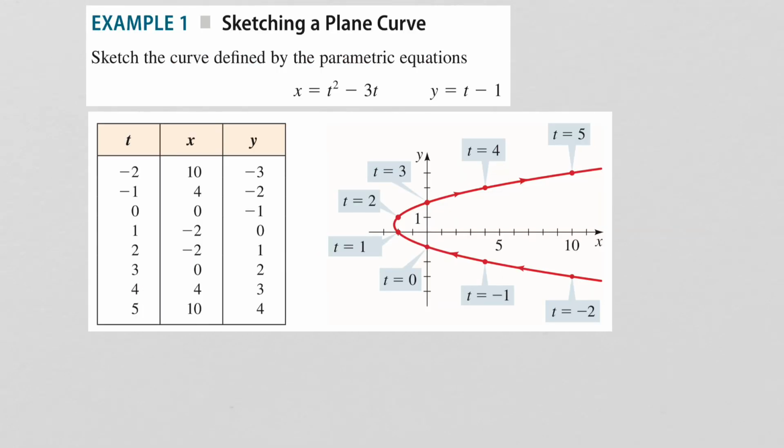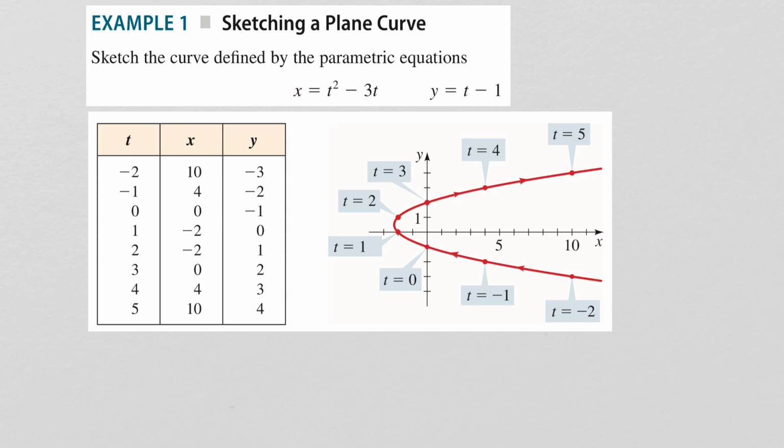As an example, let's sketch the curve defined by the parametric equations x equals t squared minus 3t and y equals t minus 1. So to graph, at first, we're just going to select a bunch of values of t, as you can see here in the table. For each of these values of t, we will plug it into each equation to determine x and y.